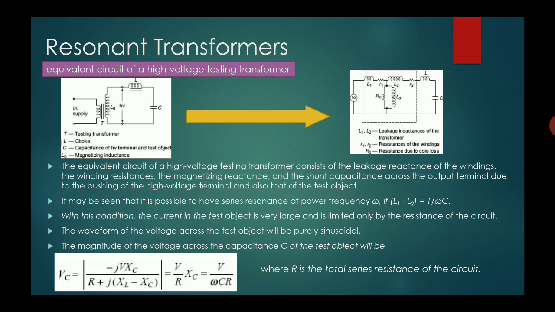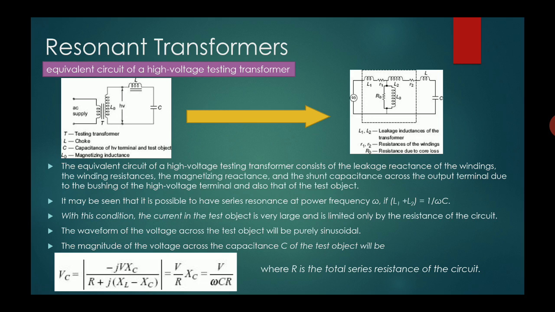So the equivalent circuit of a high voltage testing transformer consists of the leakage reactance of the windings, the winding resistances, the magnetizing reactance and the shunt capacitance across the output terminal due to the bushing of the high voltage terminal and also the test object.